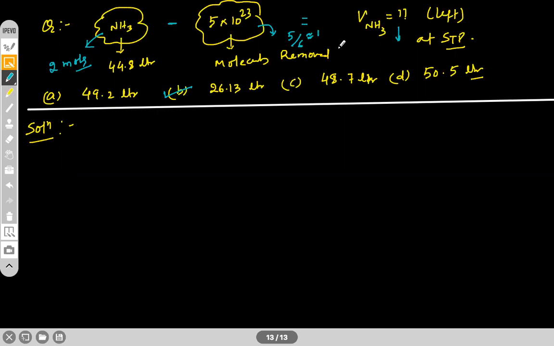Means half mole has been removed. Means the volume which is left is closer to half of this value. Half of this value is around 22.5. So more than 22.5 is this only. This is the closest option we have.